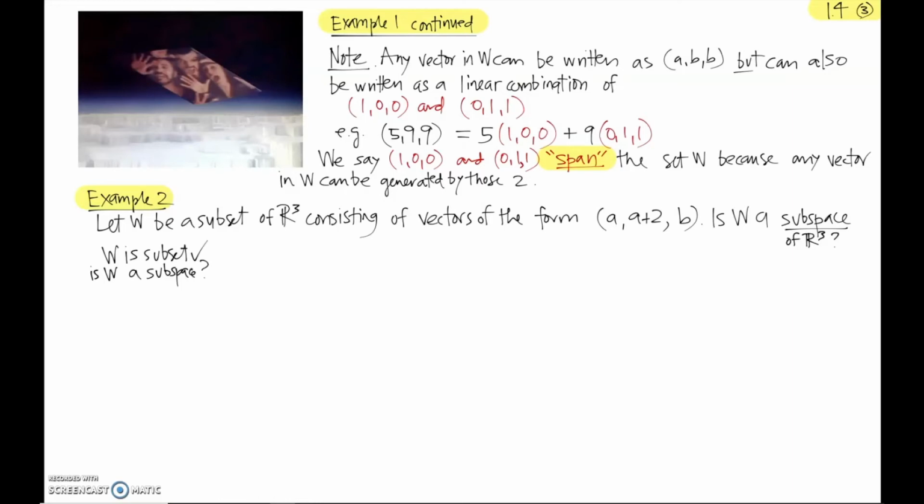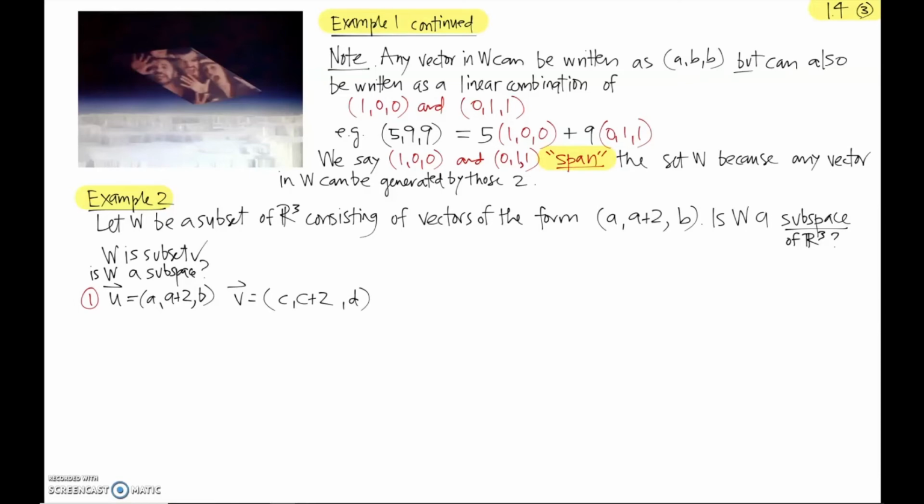And so we start how we started before. We're going to look at vector addition and see if it's closed under vector addition. So here we'll let u equal (a, a+2, b), and we're going to take another arbitrary vector v, and we're going to let that equal (c, c+2, d). We just needed different letters because they're different arbitrary vectors.